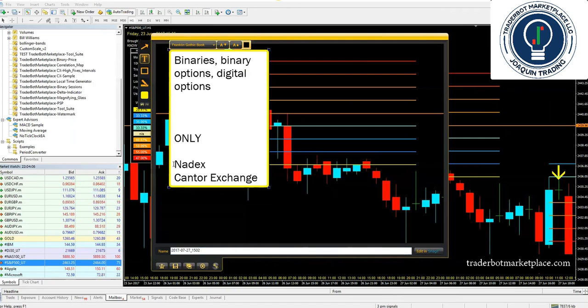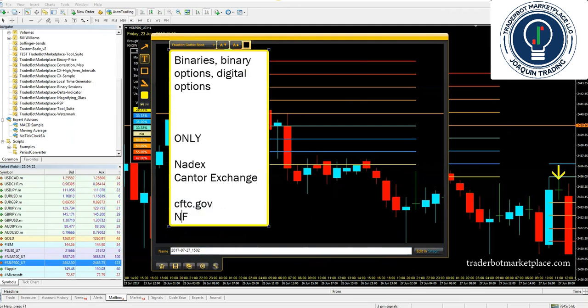So Nadex, Cantor Exchange, and if there's ever a new one, it's going to be listed here. If there's another binary options exchange, it will be listed on the CFTC website, or it might be listed with the NFA. So these are the two U.S. regulating bodies.